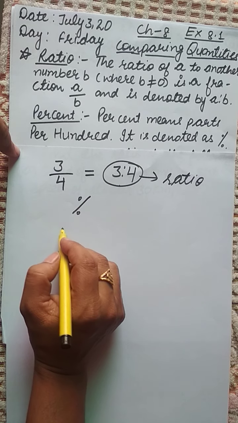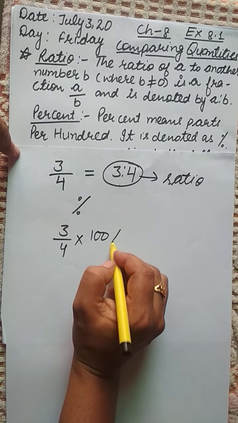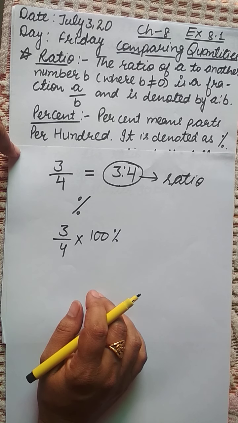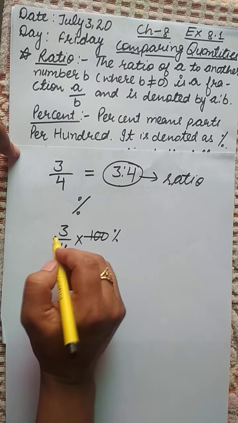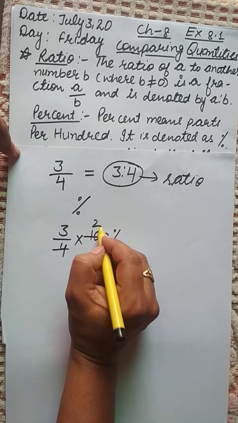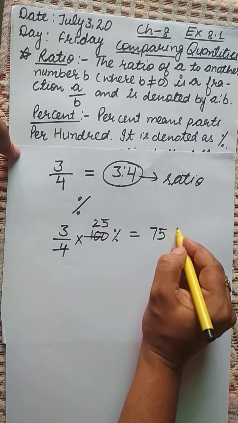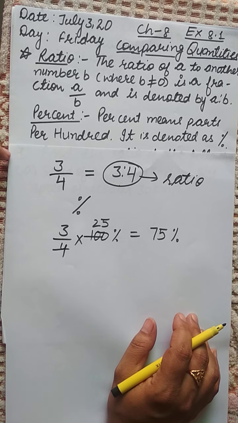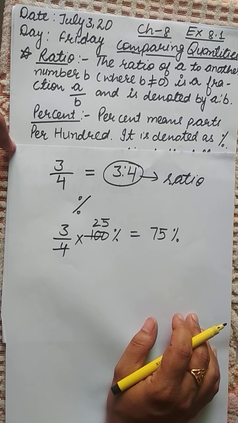I'll firstly write it as 3/4, then multiply it by 100 and write down the symbol of percentage. We will simplify the given number. 25 times 3 is 75. The answer is 75%. In this way, by multiplying with 100, we can find out the percentage of a given ratio, fraction, whatever be the number.